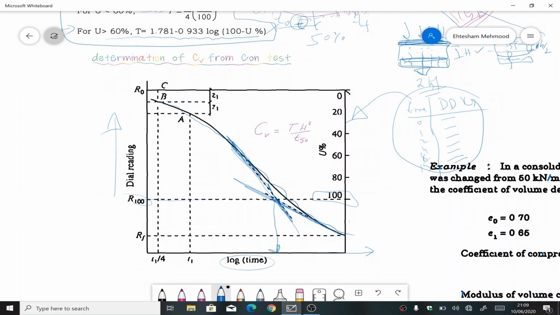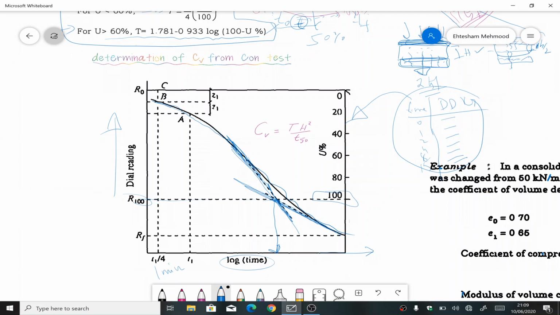Now if you look at the top portion here, we will take any reading. Let's say I will note the reading at a time of 1 minute.